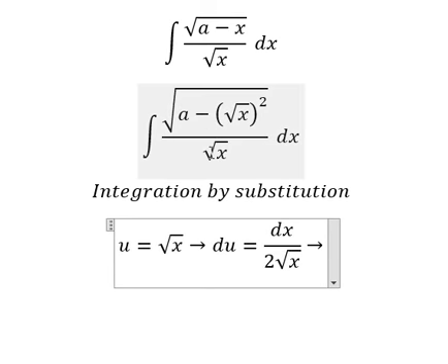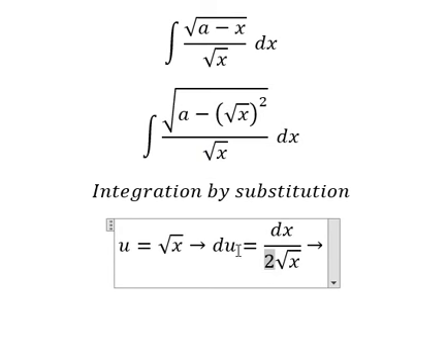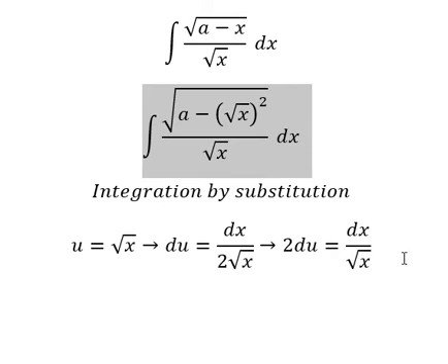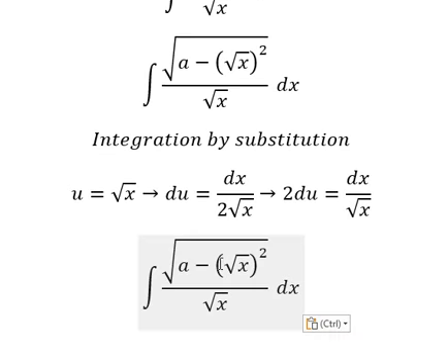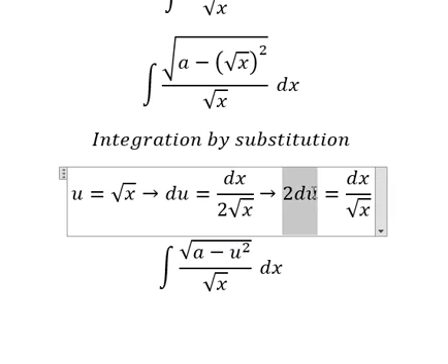We don't have number 2 in here, so I will put number 2 go to the left. So this one we change by u, dx over the square root of x, we change by 2 du.